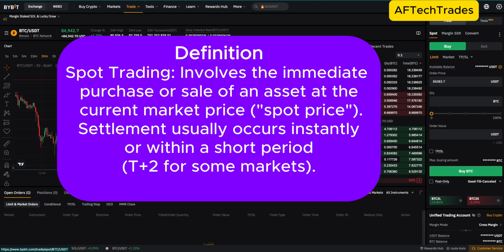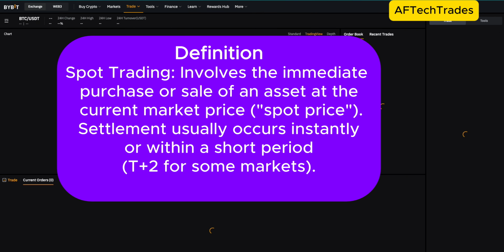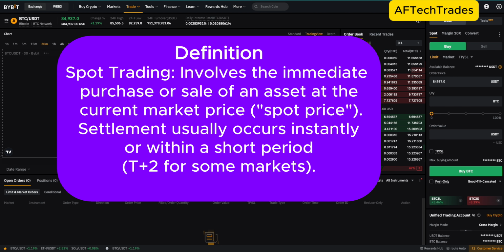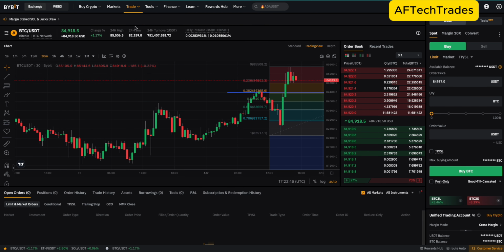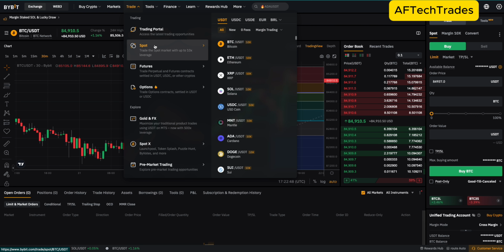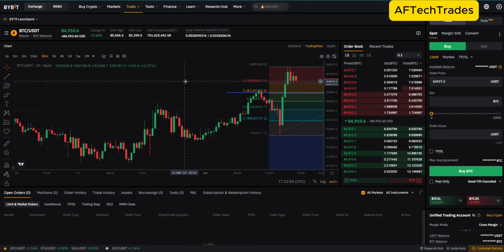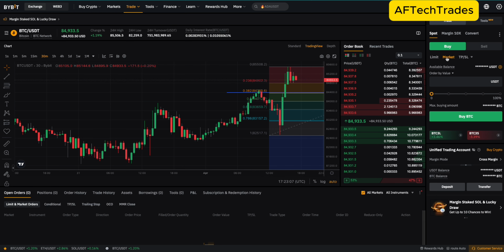Let's say you come into your chart like this in spot trading. Like I said, you come to Trade, you go to spot trading, and like the definition goes, it involves immediate purchase or sale of an asset, right? Once you come to this chart, you come to markets.